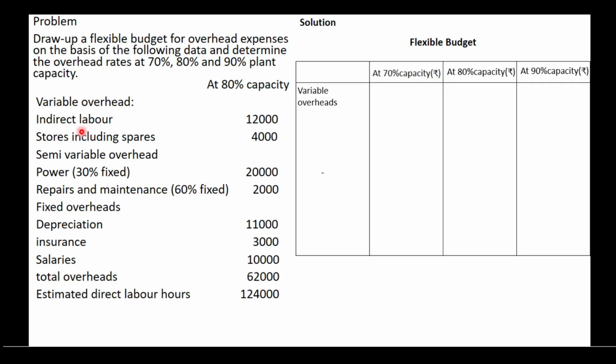On the basis of this 12,000 rupees, we find out at 70% capacity and at 90% capacity. So how do you calculate this 70% and 90%? So here for the 80%, the indirect labor amount is 12,000. And what amount for the 70%?